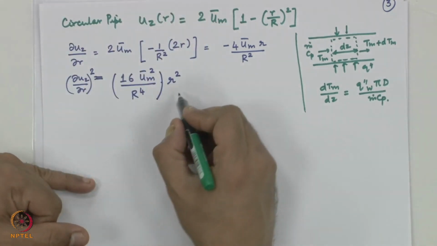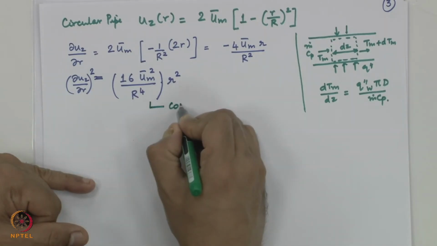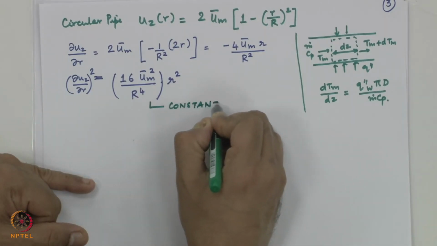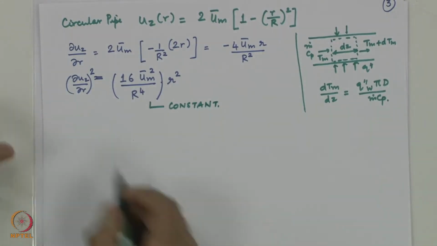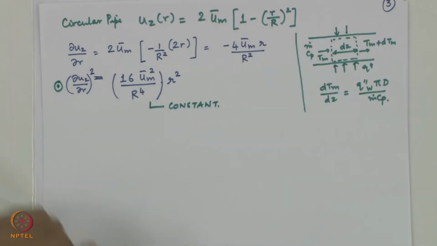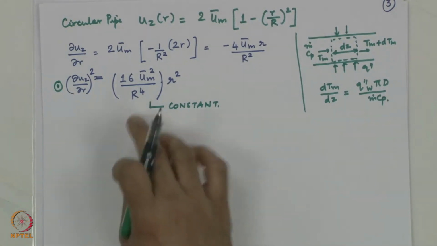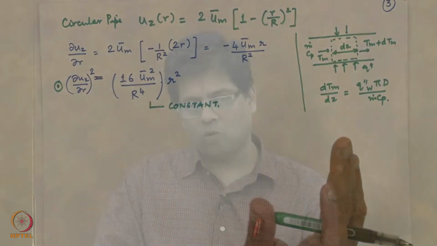This quantity is a constant. So, I got the expression for the term on the right hand side. It is going to be a number into r squared.